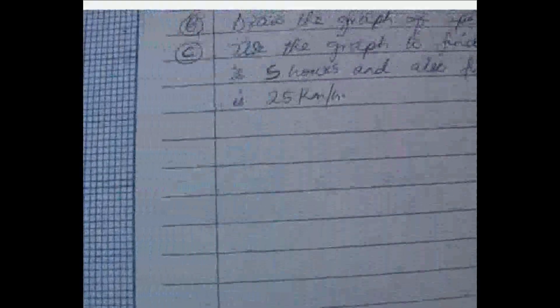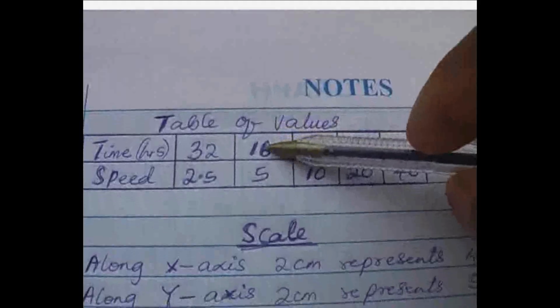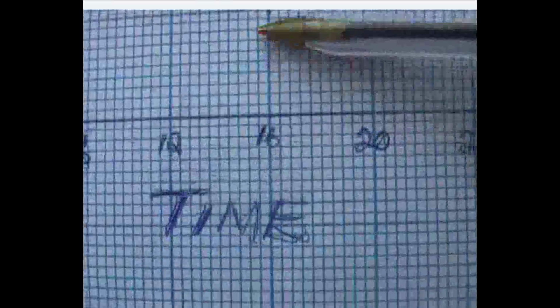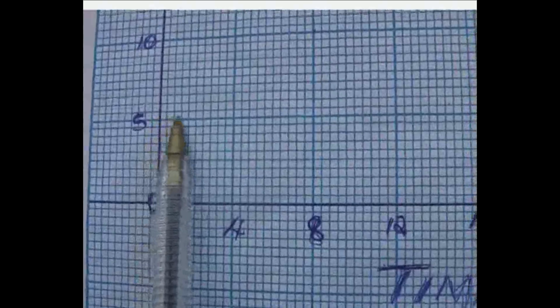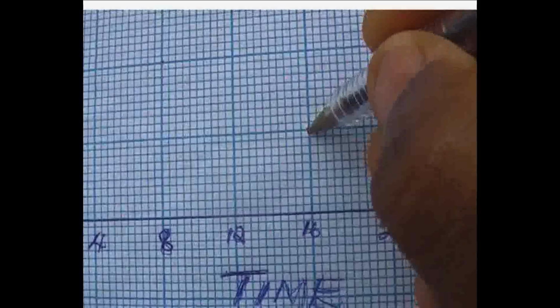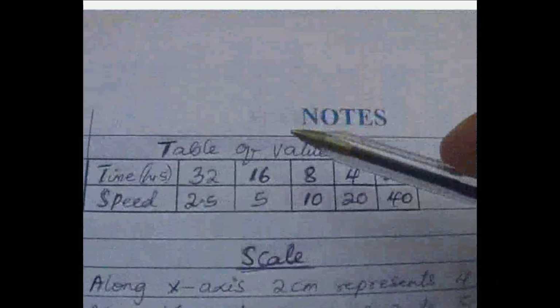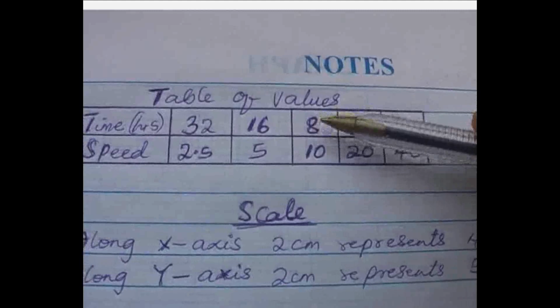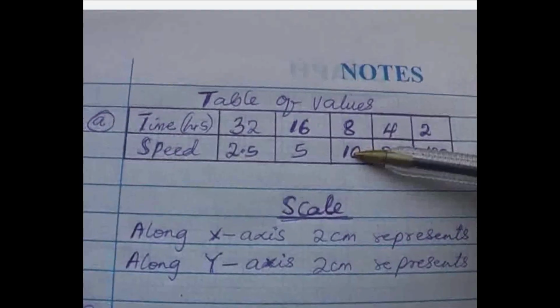So after you have put your point there, you go to the next figures. The next figures is 16 as against 5. This is 16 and this is 5. So the place where the two lines join, you are going to put your point there. So our point is going to be this place. The next one is 8 hours against 10 kilometers per hour.